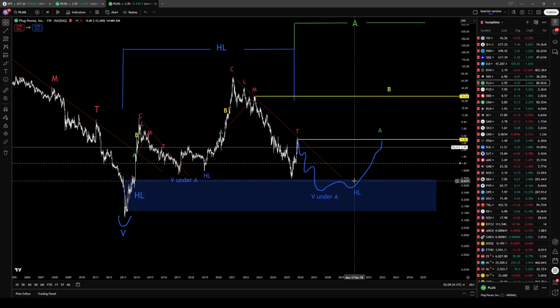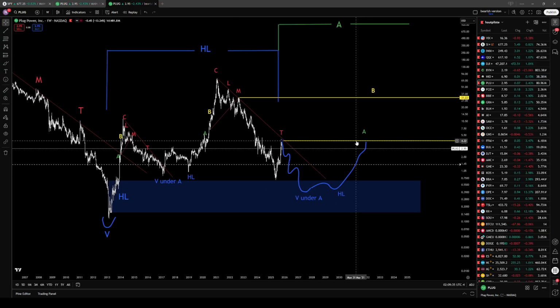And again, if we are doing this here, no financial advice, is your perfect zone for a buy-in for the next one. Your A peak would be around $4, and your B peak would be around $31.